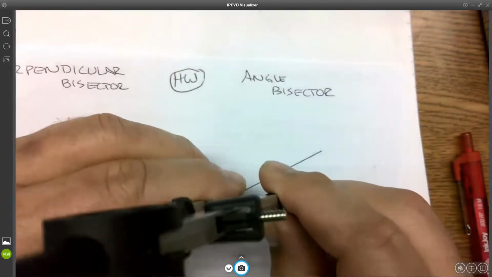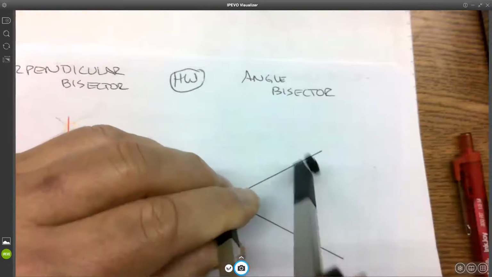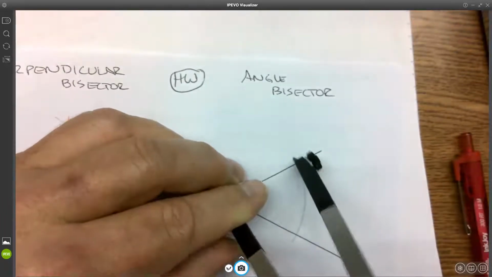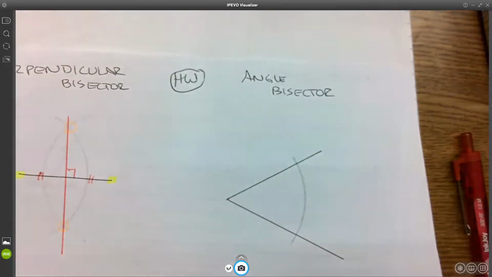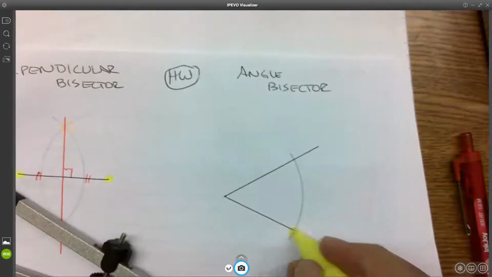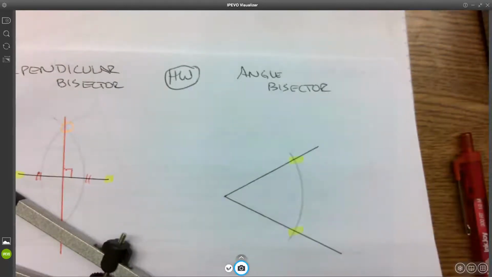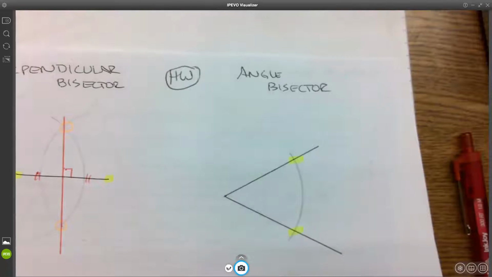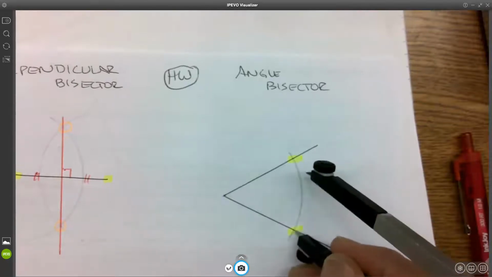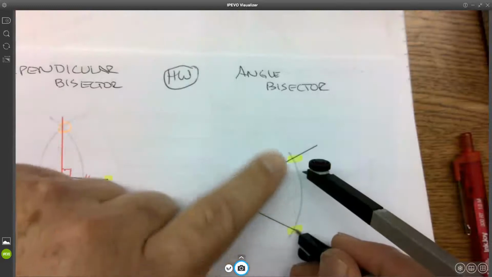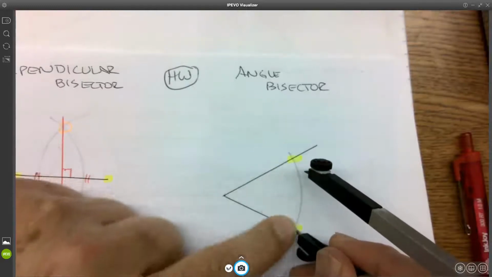First, make an arc, any size, as long as it hits both sides. Second, we're going across this gap like it's a perpendicular bisector.